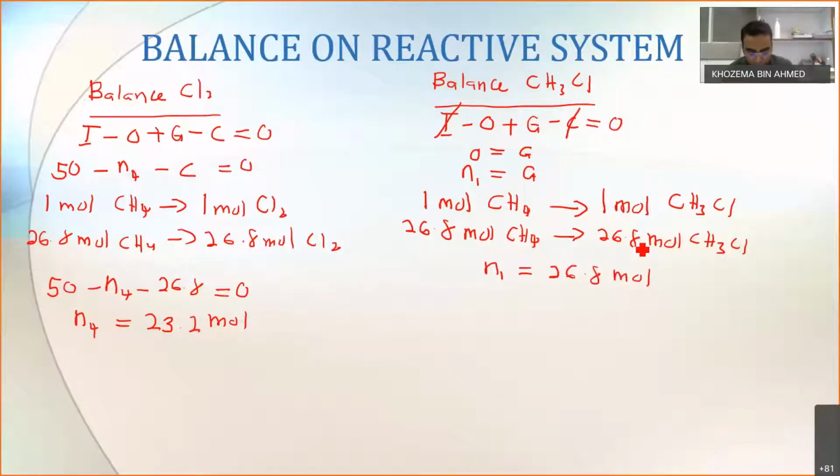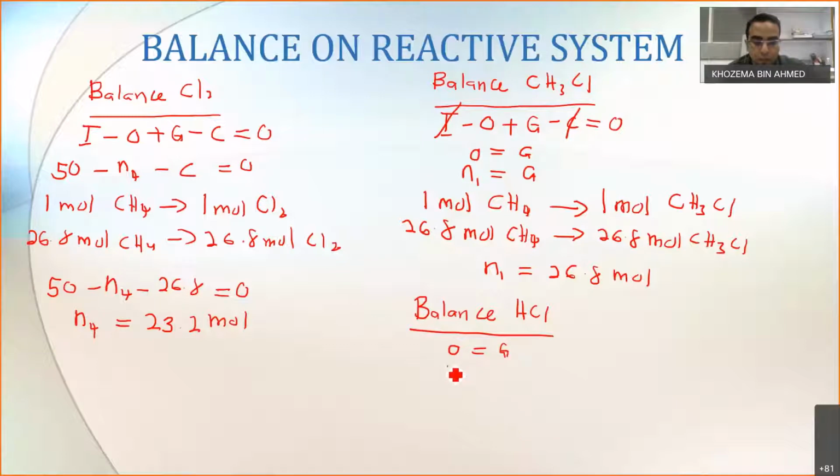Okay, so we have done chloromethane, and we can do the same thing for the balance on HCl. Since HCl is also a product, using the same reaction, I can say that our output is equal to generation, and I have labeled HCl as my N2.